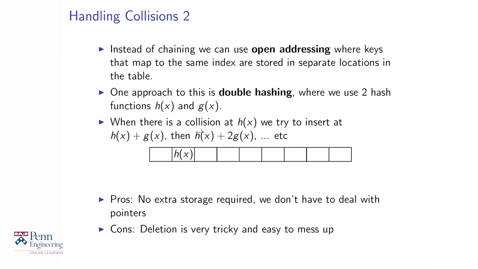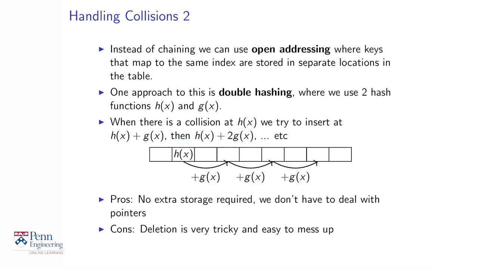One way of doing open addressing, and there are many ways of doing this, is something called double hashing, where we have a second hash function called g of x, and when we're trying to insert x and h of x is occupied, we try to insert x successively in h of x plus g of x. If that's unoccupied, we'll put x there. If that's also occupied, then we'll go to h of x plus 2g of x, and so on, until we find an unoccupied location, and that's where we will put x.